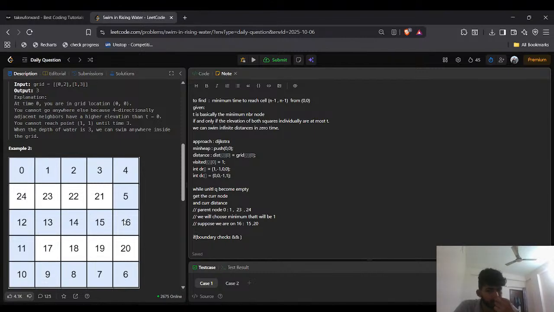Now what? How do we know the neighbor? How are we going to push? If it's a priority queue, then it will push 15 first, of course.